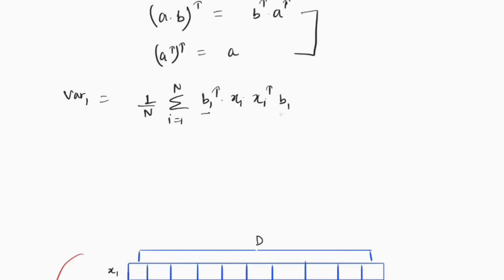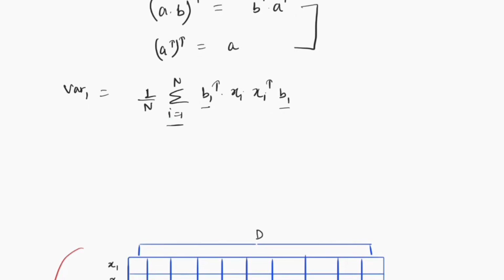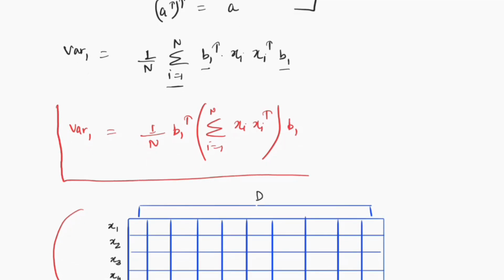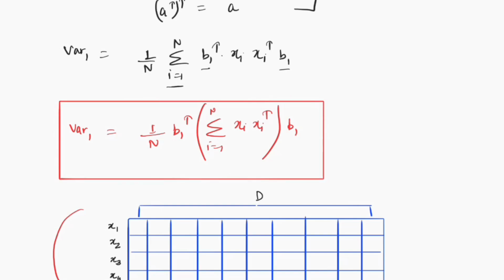Since b1t and b1 are not dependent on i, we take them out of the summation. So we can rewrite variance 1 as 1 by n, b1 transpose, summation of i from 1 to n of xi and xi transpose, b1. This is the final rewritten form of variance 1.